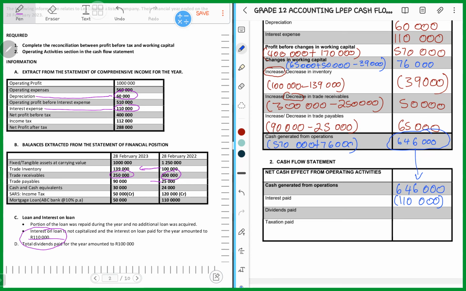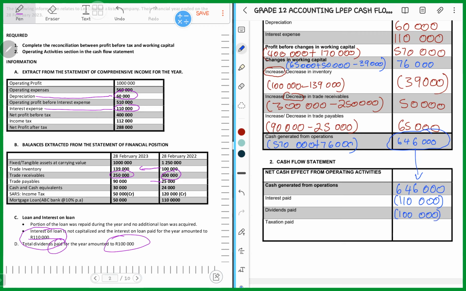That will be part of the dividends paid for the year. Okay, so here, information D, they're saying the dividends paid for the year amounted to 100,000. So even this one, we're going to plug it here, 100,000.